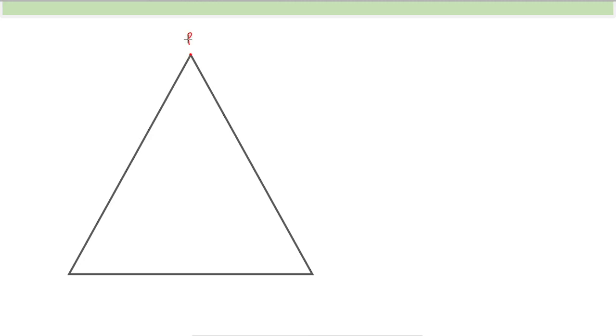Let these points be P, Q and R. Let the refractive index of the surrounding medium be n suffix s, and let the refractive index of the prism be n suffix p. The suffix p stands for prism. Also let's assume that the refractive index on this side is the same.